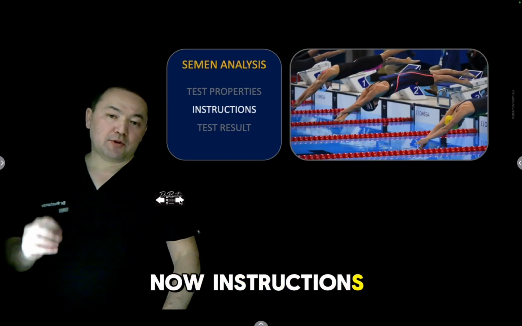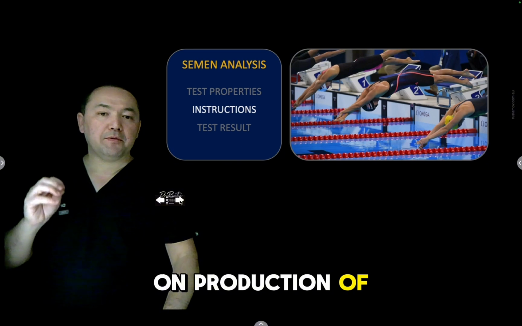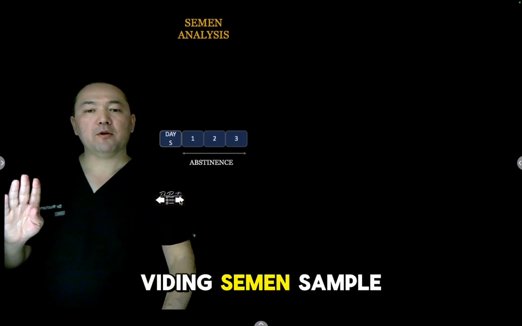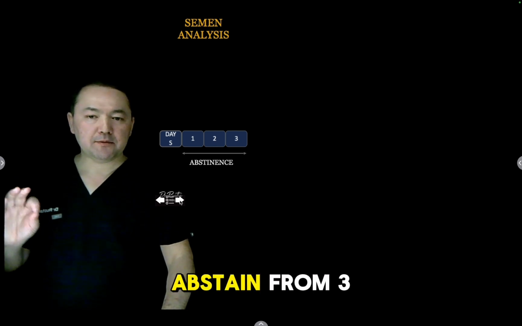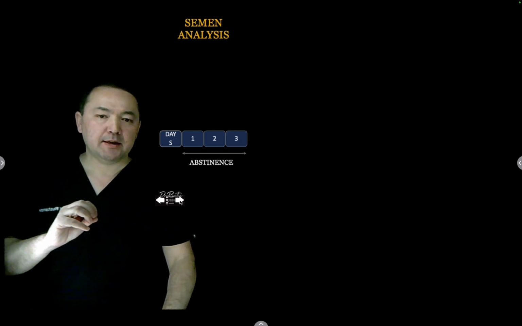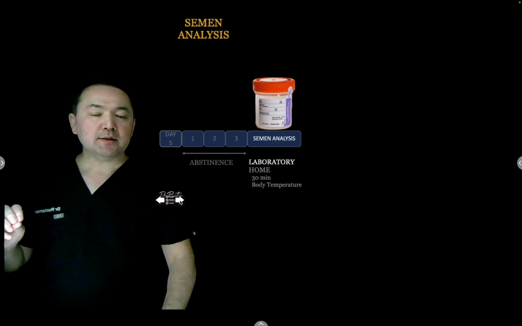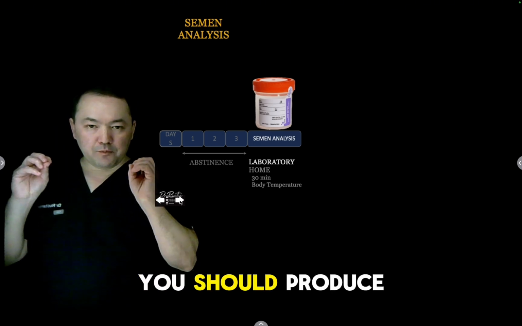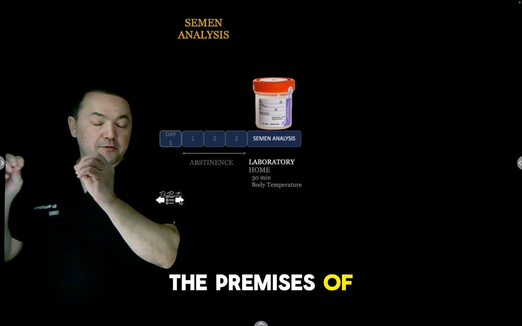Now, instructions on production of a semen sample. When you're providing a semen sample, you need to abstain for 3 to 7 days. After abstinence, you need to produce the semen sample. Ideally, you should produce it on the premises of the lab.